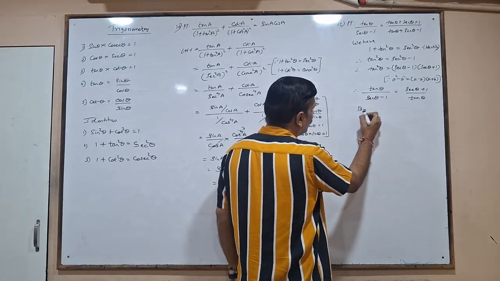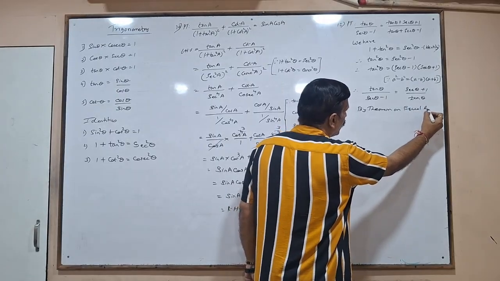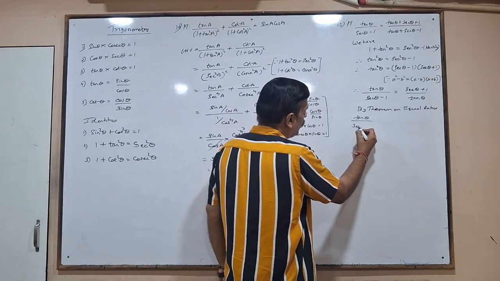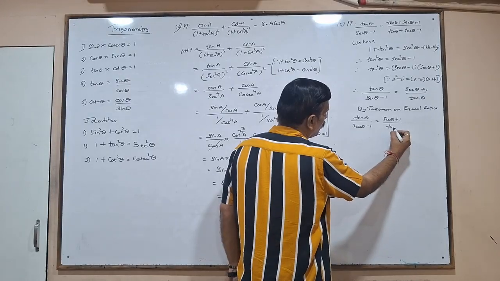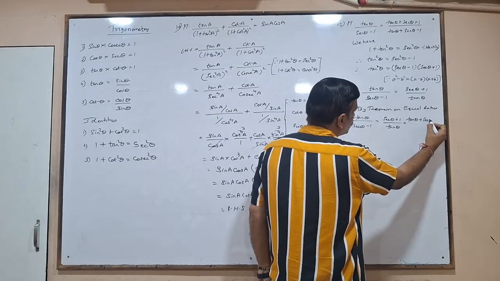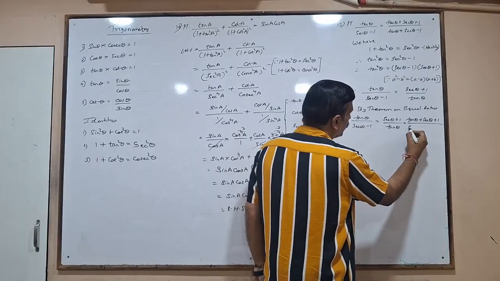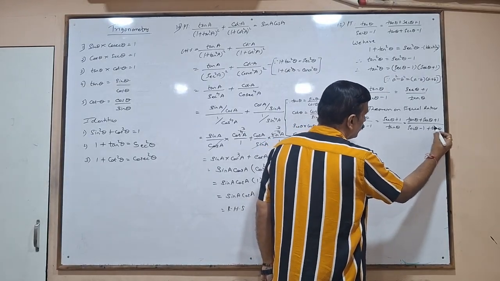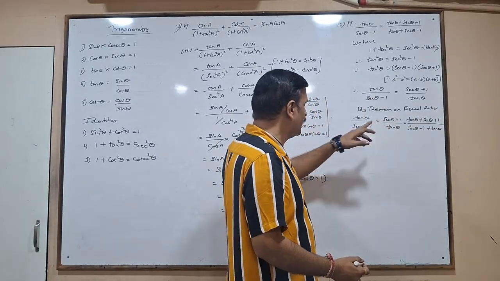So by theorem on equal ratios, tan theta upon sec theta minus 1, sec theta plus 1 upon tan theta will be tan plus sec plus 1 and the denominator same, sec minus 1 plus tan. You have to add it. The resulting ratio is equal to both these ratios.